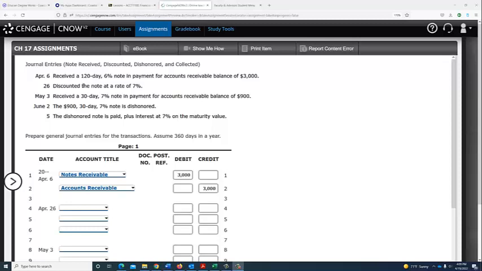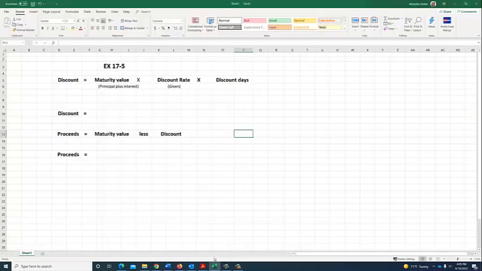They may have a cash flow problem. So if the note is discounted, that just means that it's been transferred to the bank, it's been negotiated over, and the bank is going to discount that note and then give us the proceeds. So let's go over to the spreadsheet and figure out what the discount is.